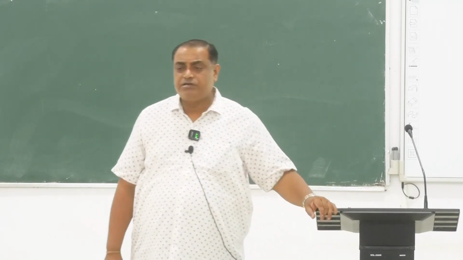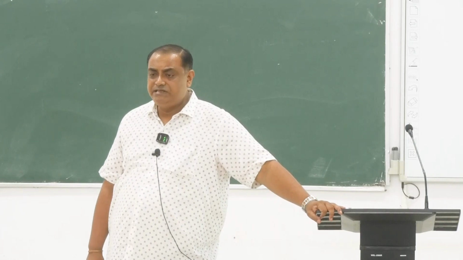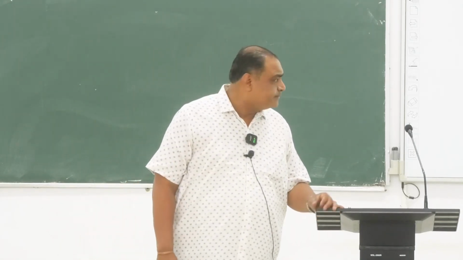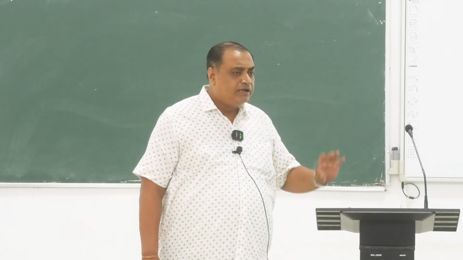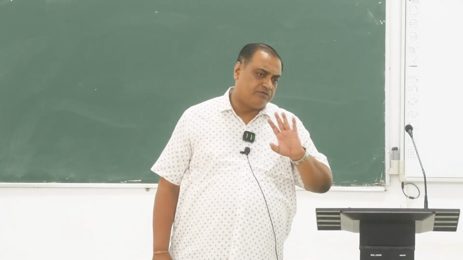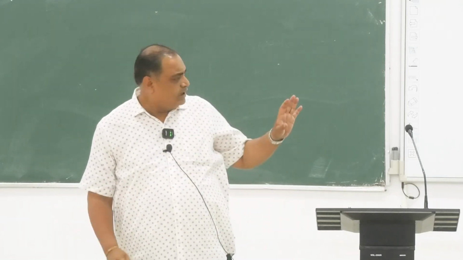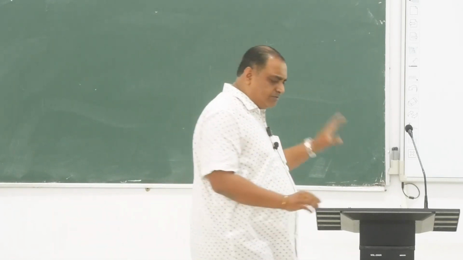Next comes formation of 43S pre-initiation complex, followed by 48S pre-initiation complex, and last is the 80S initiation complex. That means two subunits again getting associated. So these 5 phases you must remember.